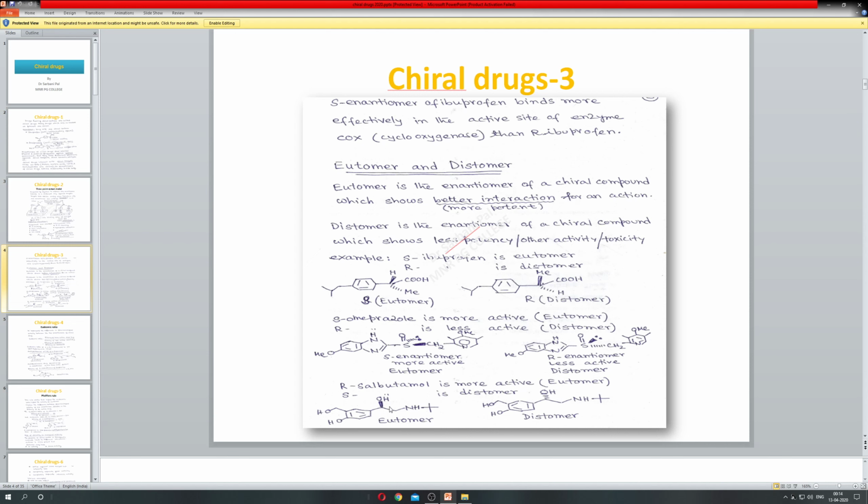The hydrogen is below the plane, so the absolute configuration of this salbutamol is R. Now for the other one, oxygen is the first priority, carbon attached with the nitrogen is the second priority, aromatic ring is the third priority, hydrogen is above the plane, so 1, 2, 3 is clockwise, but hydrogen is above the plane, so this will be considered as S. So this is the distomer, this is less effective, and this is more effective as a bronchodilator because this is used for the treatment of asthma patients.